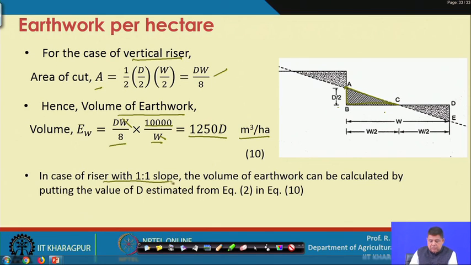In case the riser is 1:1 slope, the volume of earthwork can be calculated by putting the value of D estimated from equation 2. So, here we can put the value of D, which is W S by 100 minus S basically, to get the volume of earthwork for a 1:1 riser or for any other riser for that matter.